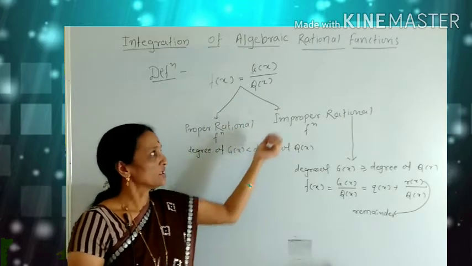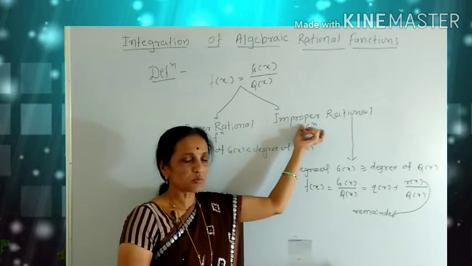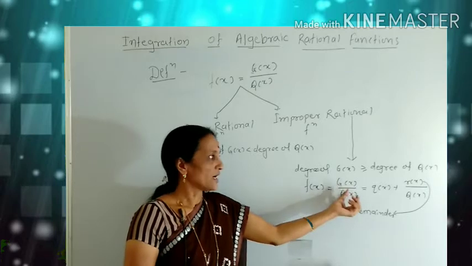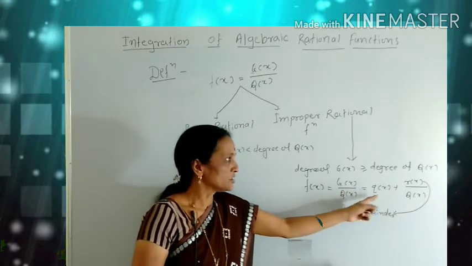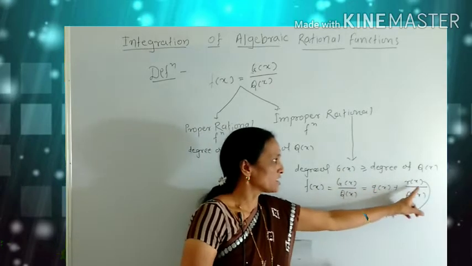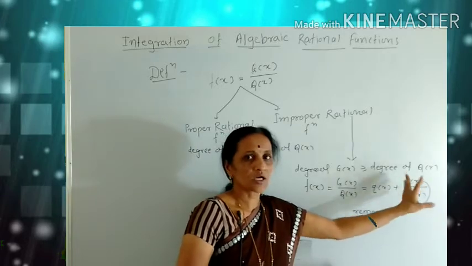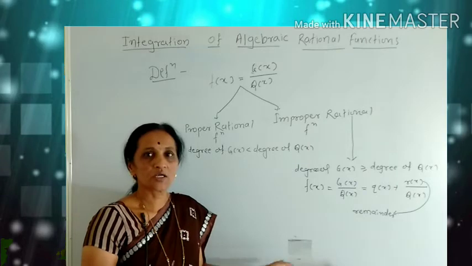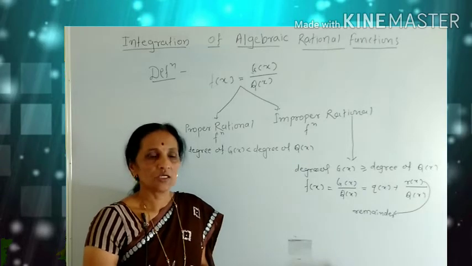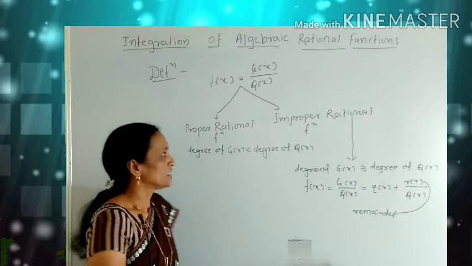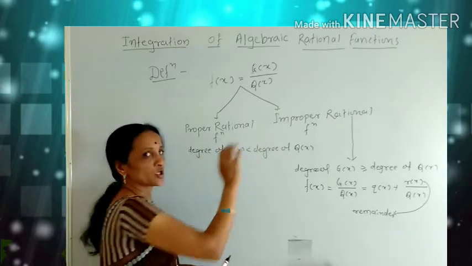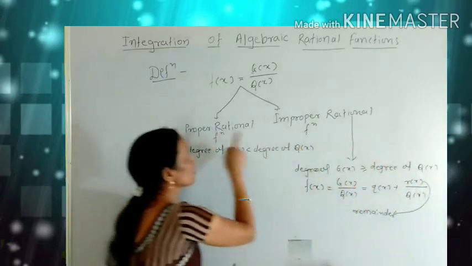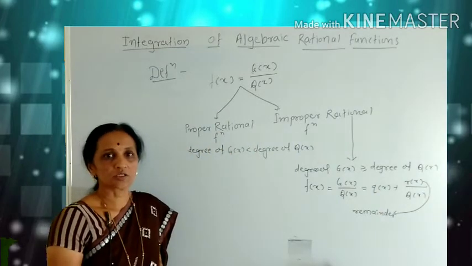If there is an improper rational function, first we divide and find the function in the form of q(x) plus r(x) divided by Q(x), where r(x) is the remainder, small q(x) is the quotient, and the degree of the remainder is less than the degree of Q(x), so this term is in the form of a proper rational function.